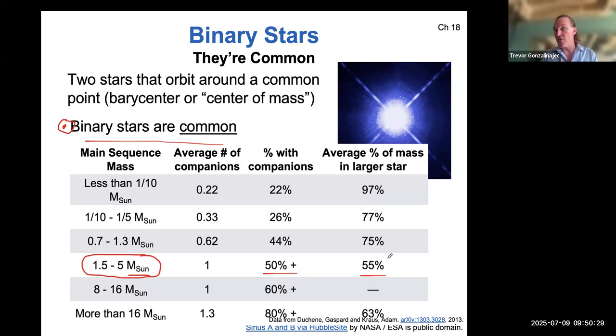Well, if the larger star has 55% of the mass, that means the smaller has 45%, which means they're pretty close in size. Okay, so in this range, these stars tend to pair up with other stars that are about as big.